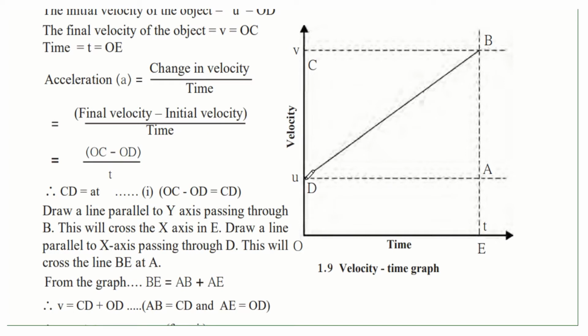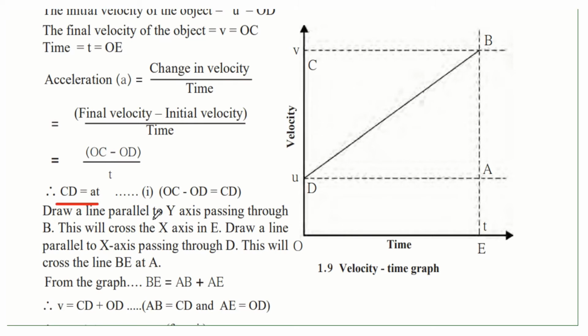So when you substitute this, you would get OC minus OD upon time t. But if you see carefully, from OC, if we remove this part, that is OD, we would get CD. So therefore it would be CD upon time. And when you take time on the left hand side, we would get CD is equal to at.